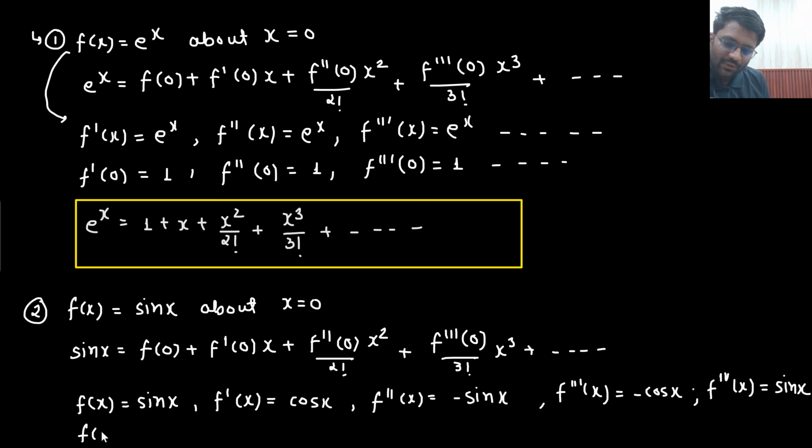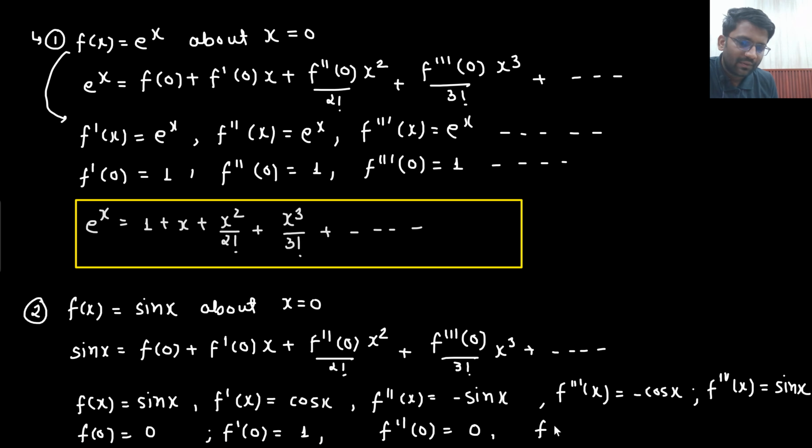Now if I put x equals 0, f of 0 is sin 0, which is 0 only. What is cos 0? That is 1. What is minus sin 0? That is also 0. What is cos 0? It is 1, and then there is already a negative sign, so it will become minus 1.